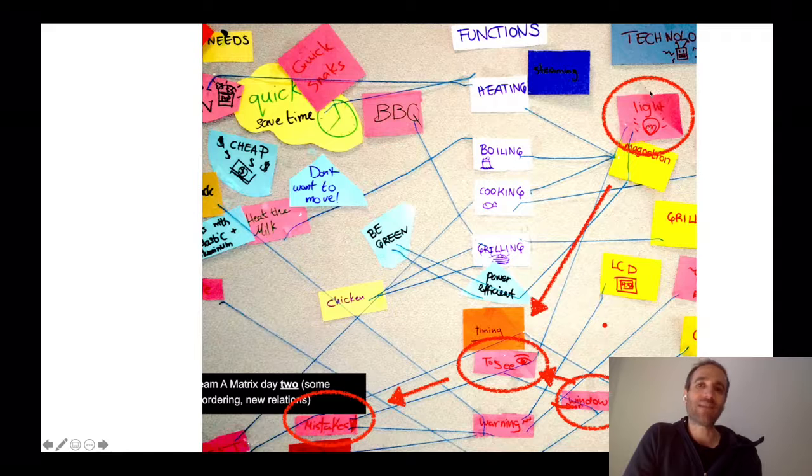And here we have technologies. So we have a light inside the microwave, we have an LCD, we have buttons, right? Everything is connected, right? So look at these red arrows here. We have the need to check for mistakes connected to the function to be able to see what's happening inside the microwave, which is connected to two components. One is the window, the other is the light inside the microwave.